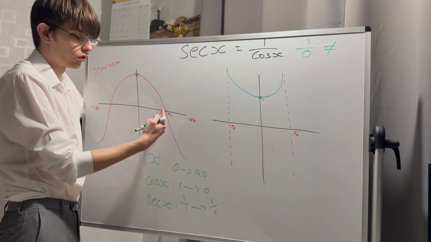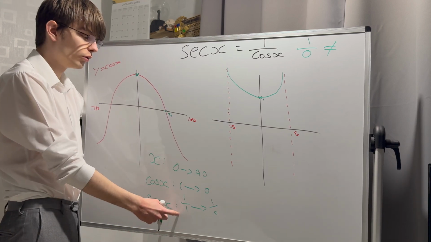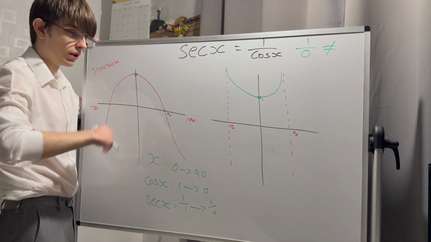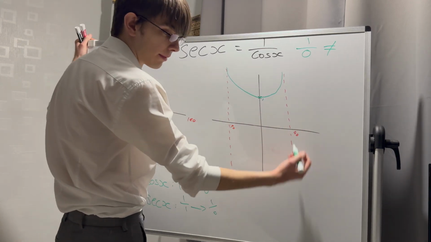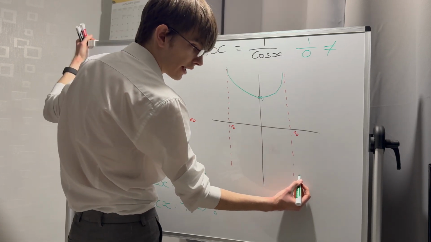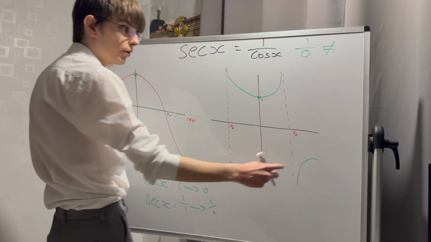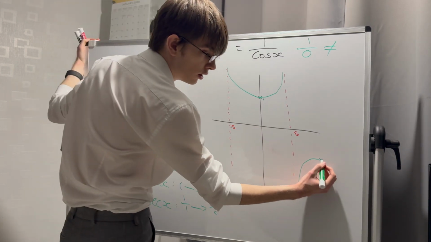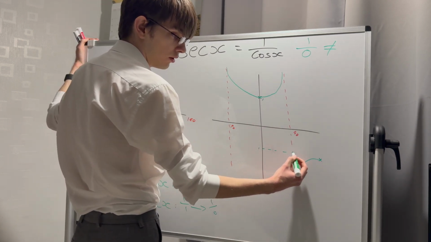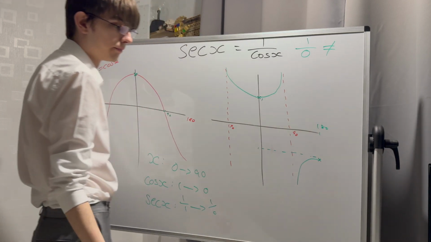The number's getting larger, which means my reciprocal is going to get smaller and smaller. We're starting from our 1 divided by 0, our infinity, down here somewhere, and we are getting larger until we hit our maximum, which is 1 divided by 1, which is here, which is 1. And that is at 180.